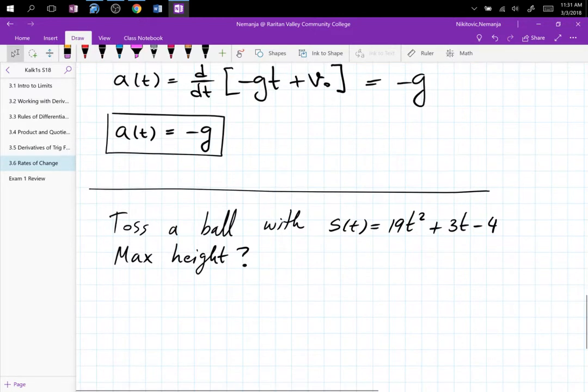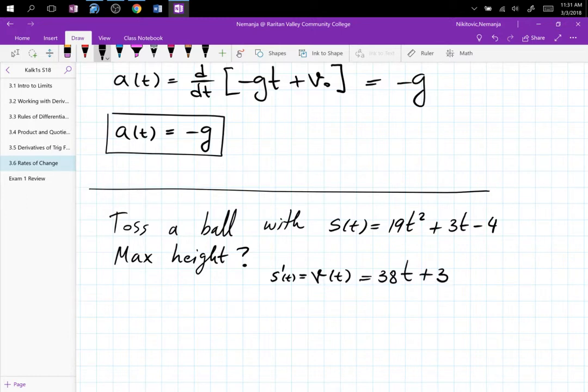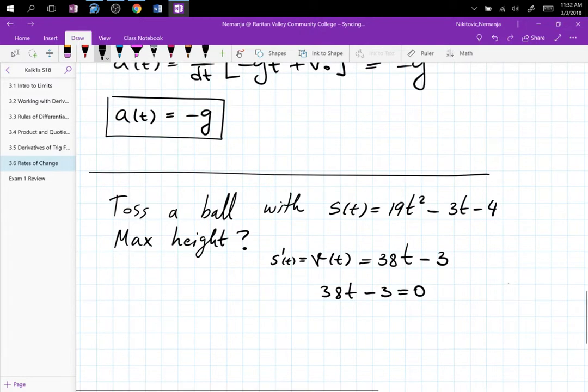Well, you will take the derivative of s to find the velocity. So that's going to be 38t plus 3. And then you will set this thing equal to 0. Let's change this to minus so we don't get negative signs. Whatever. And now you set this equal to 0 to calculate time. So time is equal to 3 over 38. Call it seconds, whatever.